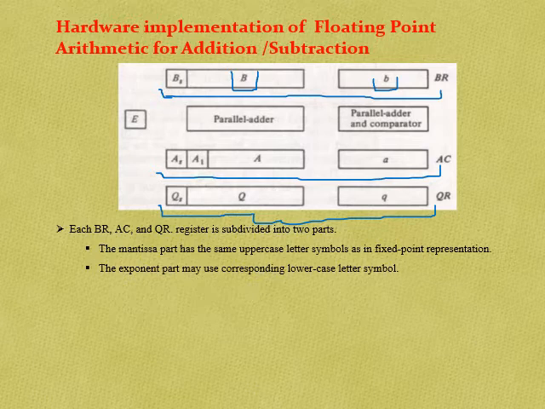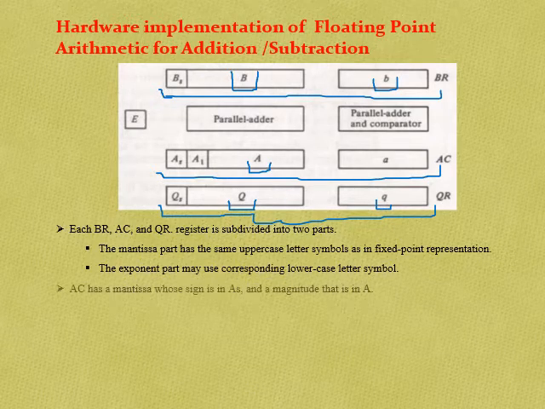Similarly, capital A is the mantissa part, and the small a is the exponent part. Here also, capital Q is the mantissa part and small q is the exponent part.